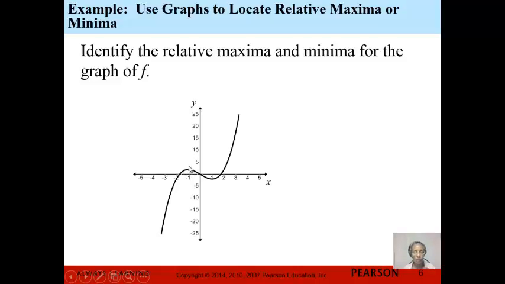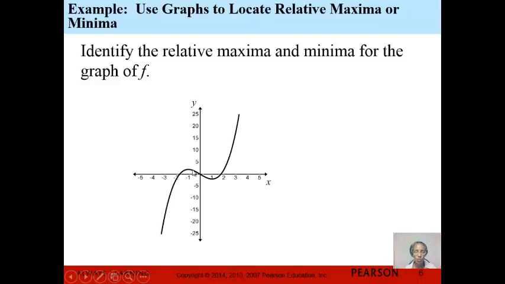Now notice that's not the highest point of the function, because the function continues indefinitely toward infinity, or increases without bound. So this is not the absolute highest point, but in this neighborhood it is higher than all other points in this little region of the graph.